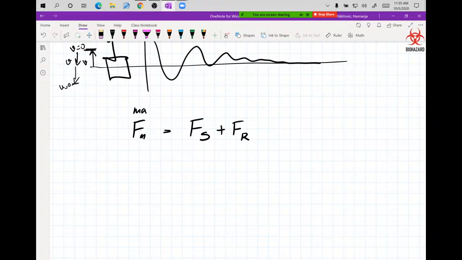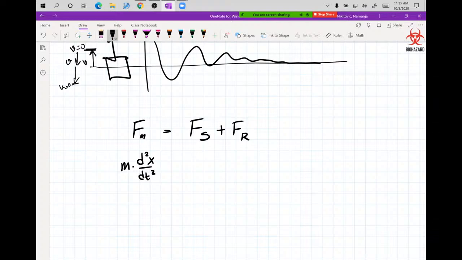That's the total force applied to the mass m. Now I'm going to write this as mass times acceleration, but then I know that acceleration is a second derivative of the position function. Therefore, there we go, mass times d squared x dt squared, the second derivative.